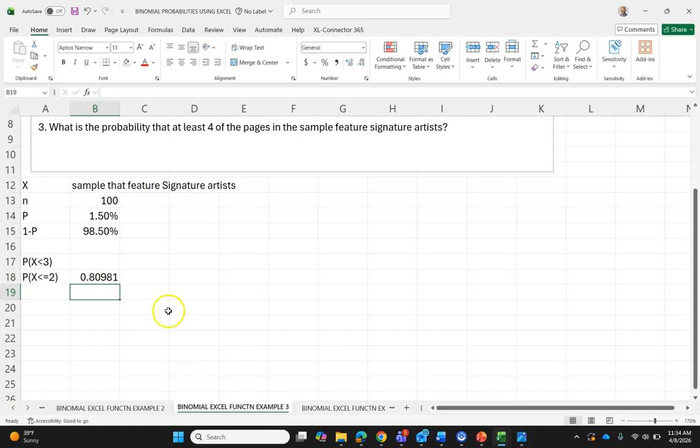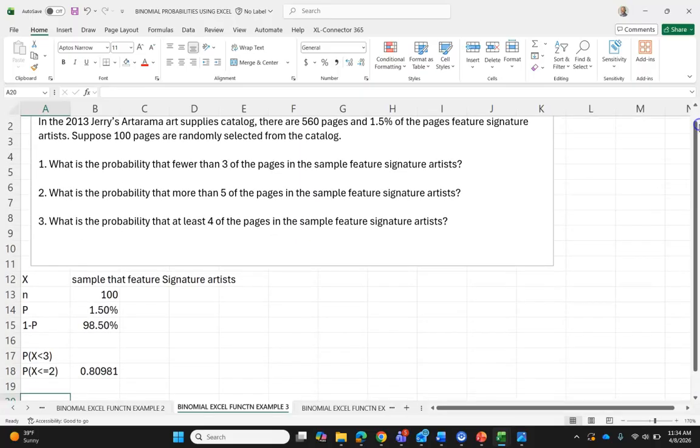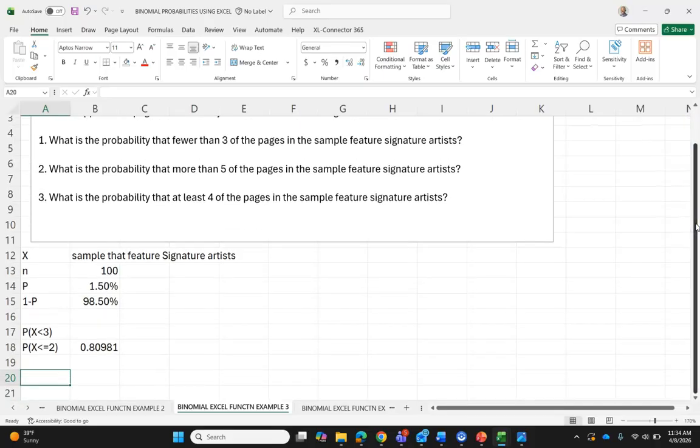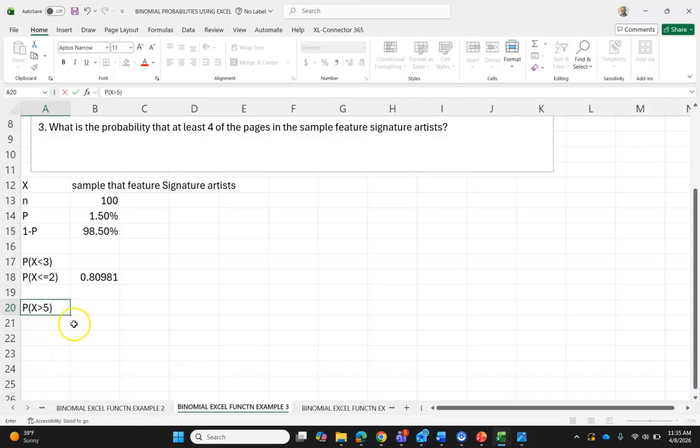You get 0.8. Now the second question says, what is the probability that more than 5 of the pages? So let's define the probability of more than 5. It is the probability of X such that X is greater than 5. But we cannot use that for the binomial distribution.